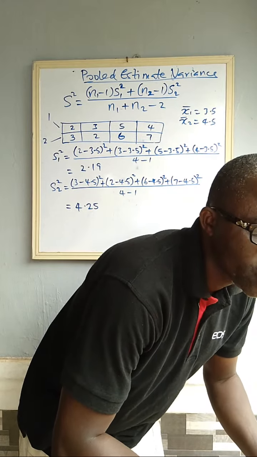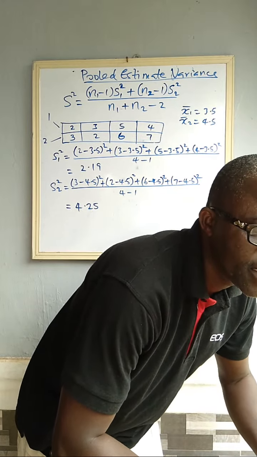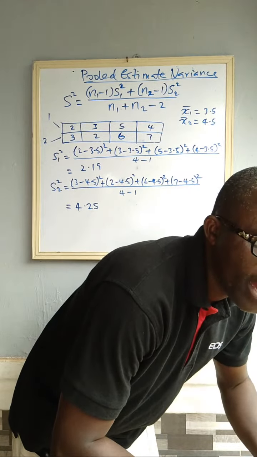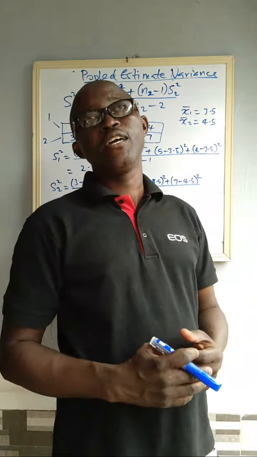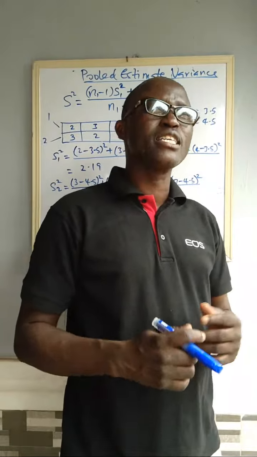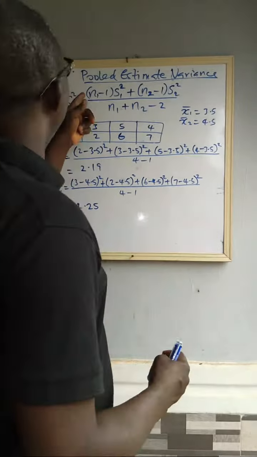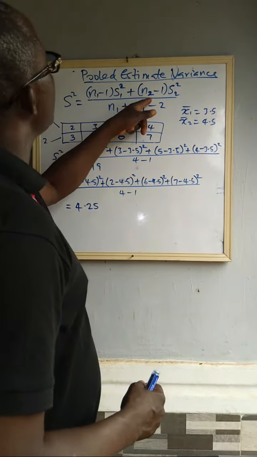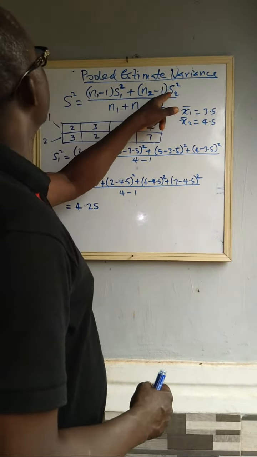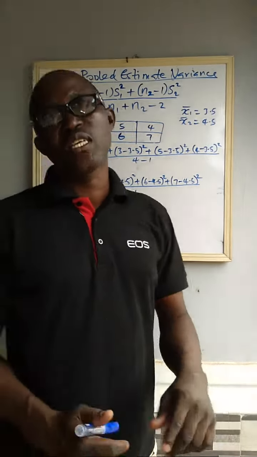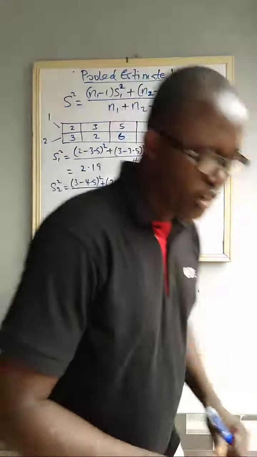Okay, so having got the variance, we can go ahead and determine the pooled estimate variance. It's now easy to calculate that. We have got all the parameters needed. We have n1, we have n2, we have s1 squared, we have s2 squared. So everything is now simple to solve. All right.